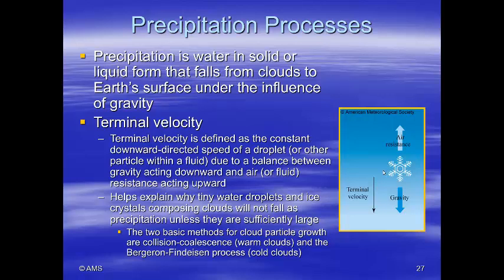At the beginning, each second, you're increasing your speed by 10 meters per second, but as air resistance starts to build up due to your speed increasing, you might only accelerate 9 meters per second each second, and then 8 meters per second each second.